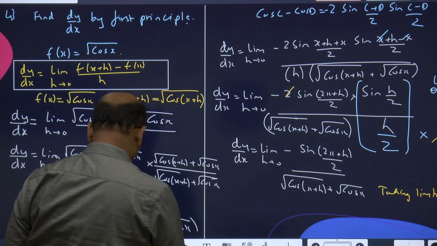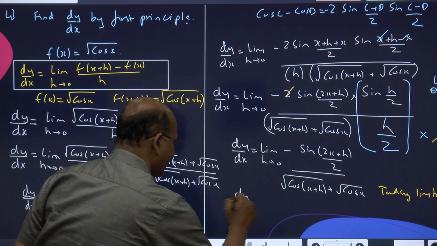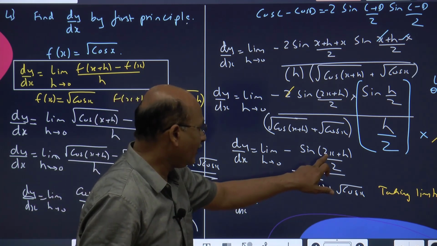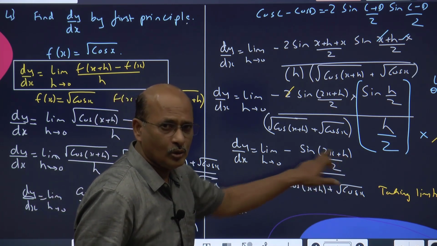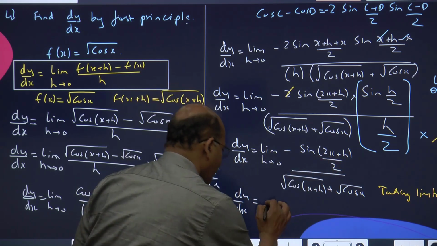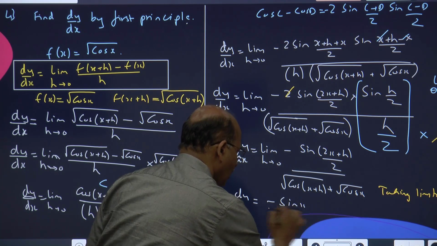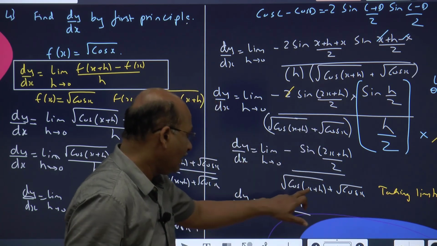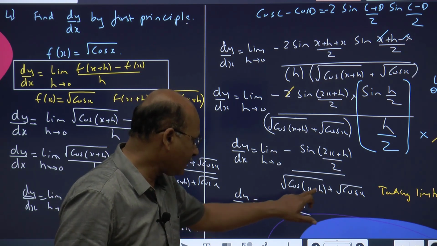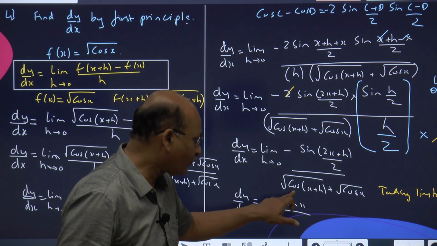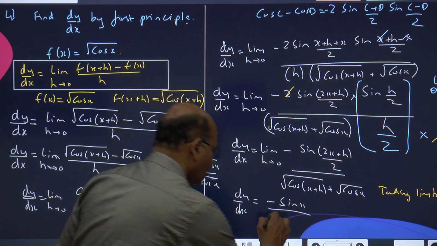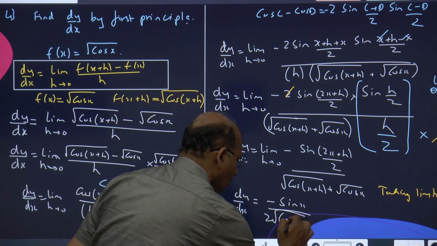So what happens now, quickly tell me. dy by dx is equal to minus sin of (2x plus 0) upon 2. 2x plus 0 is 2x, and 2x upon 2 is x. So this is minus sin x upon root of cos x plus root of cos x, because h is 0, so x plus 0 is x. Root of cos x plus root of cos x is what? 2 root cos x.